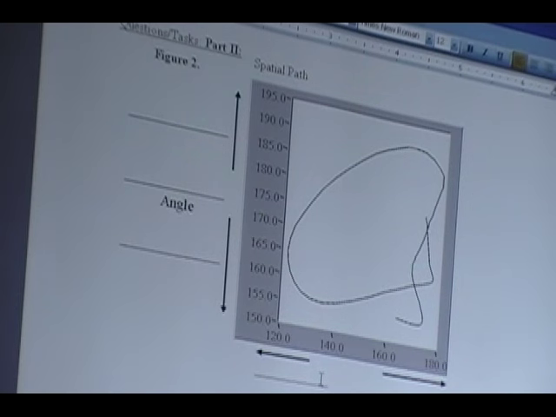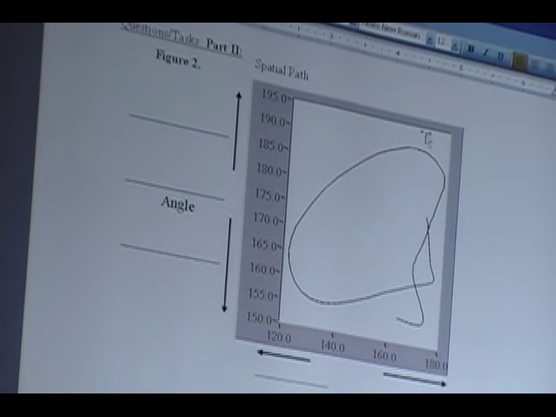Aside from that, there's also one thing you need to know. There are two endings, or two openings, here and here. I want you to tell me which is the onset, the beginning of the gait, and which is the end. This is just one gait cycle.